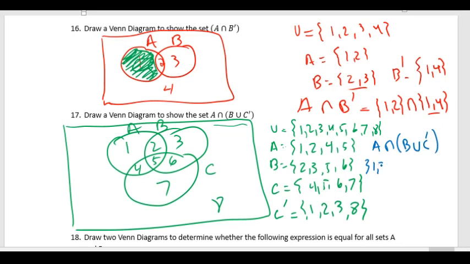So A is 1, 2, 4, and 5 intersected with B, which is 2, 3, 5, 6, union with C complement, which is 1, 2, 3, and 8. So this union with this is going to be everything in B and everything in the complement.